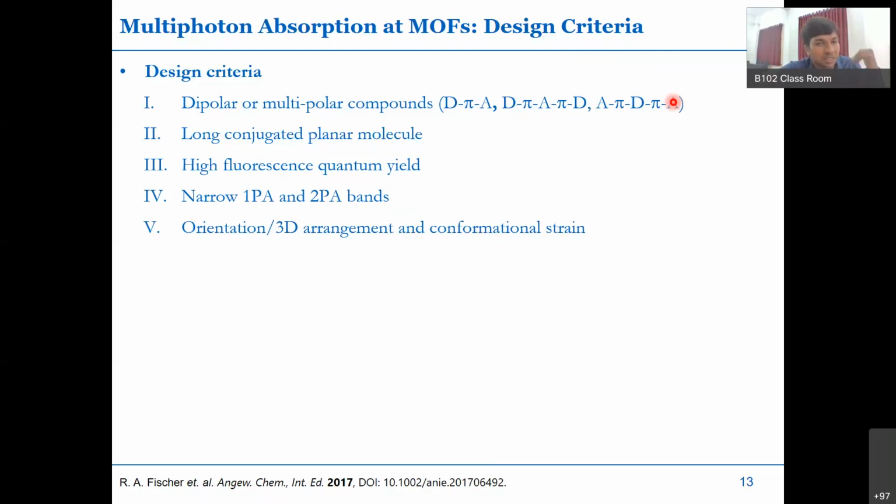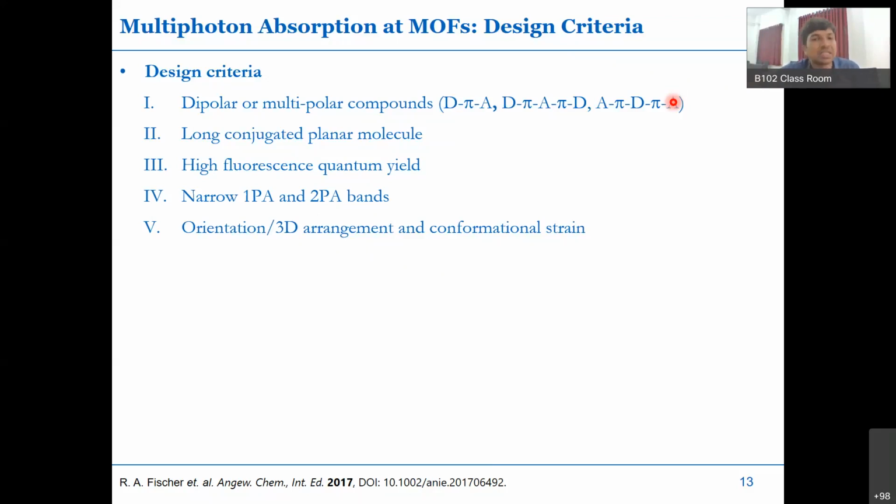Secondly, we want to work with long conjugated planar molecules. Why? Because once you have the polar ends, we want to enhance the polarity, so that if you have long chains, we expect the charge separation to increase.